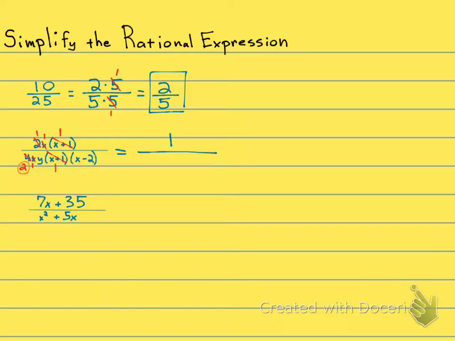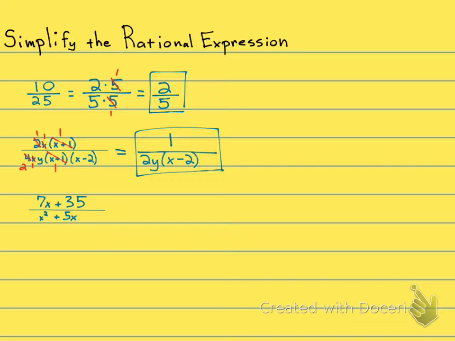So the only thing left in the denominator is really just 2y times x minus 2. That's what I'm going to be left with: 2y(x minus 2). Okay, this is simplified.